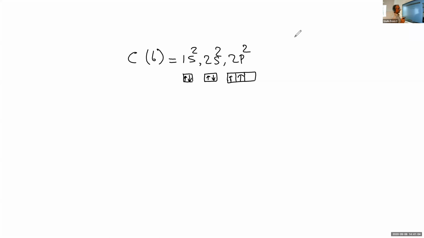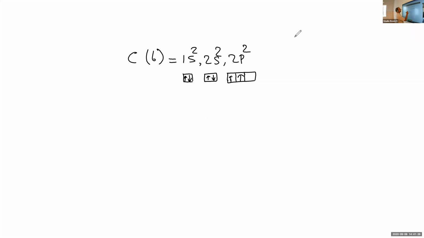Do you hear me? Yes, sir. Okay. So if you are drawing one upward and one downward, then it is wrong. You can draw both upward or both downward. Same spin. This is the way.